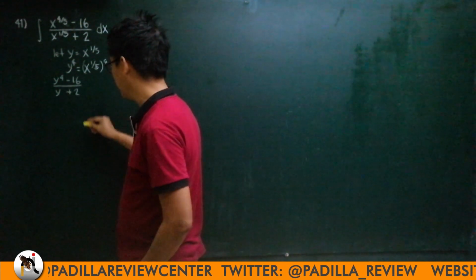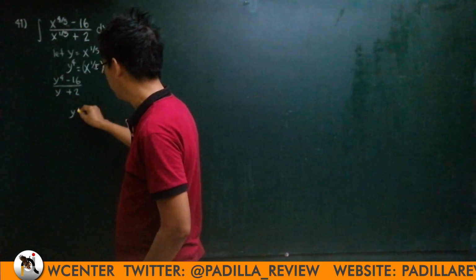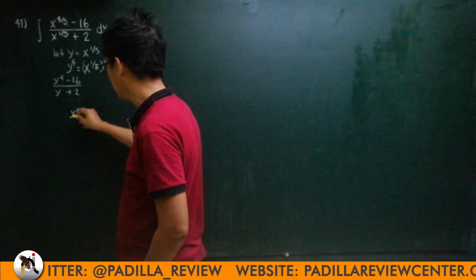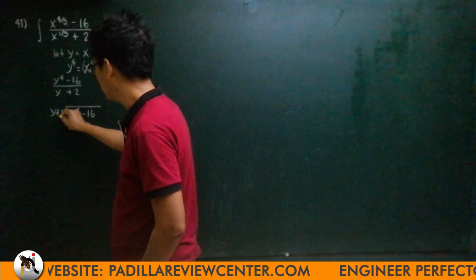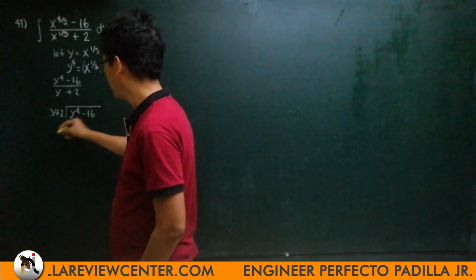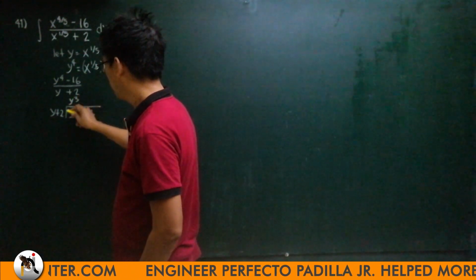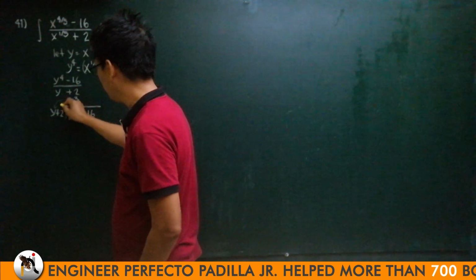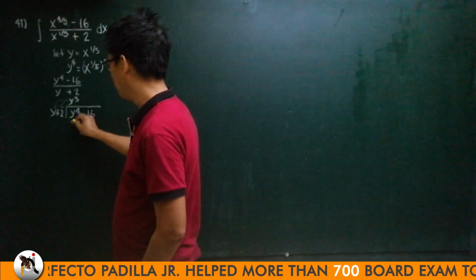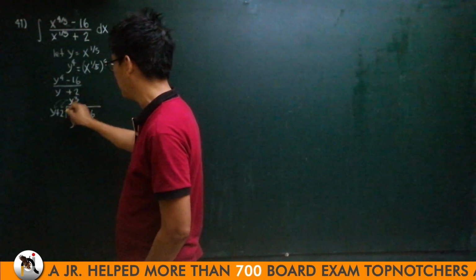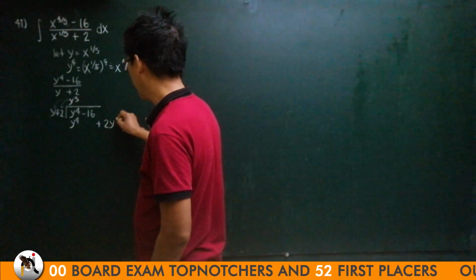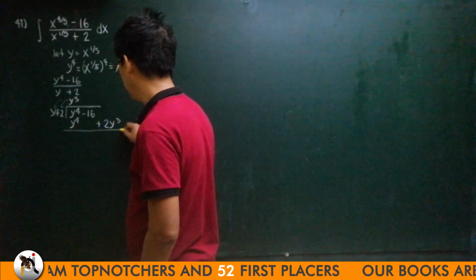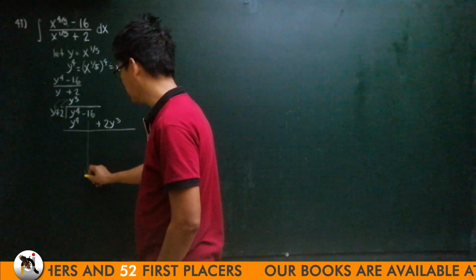So we divide y to the fourth minus 16 by y plus 2. y to the fourth over y is y cubed. y cubed times y plus 2: y to the fourth, and y cubed times 2 is 2y cubed. We subtract. We will bring down 16 later.